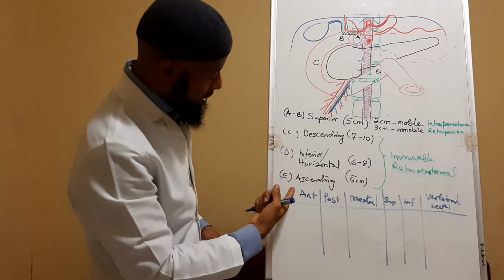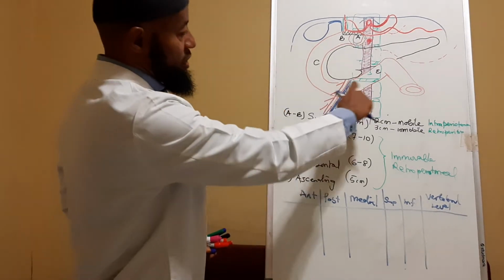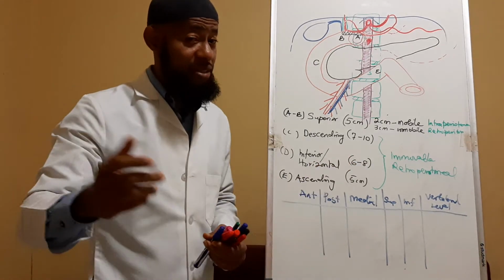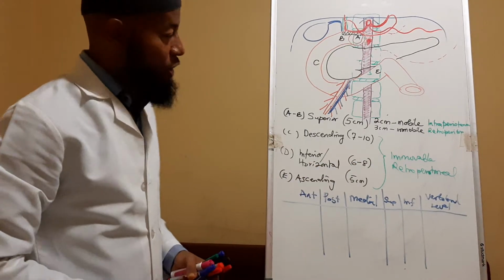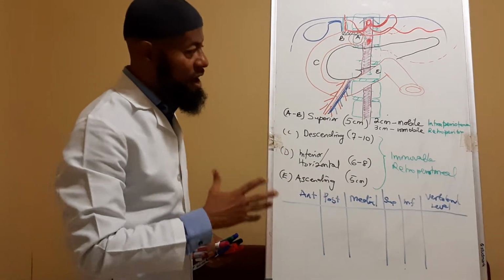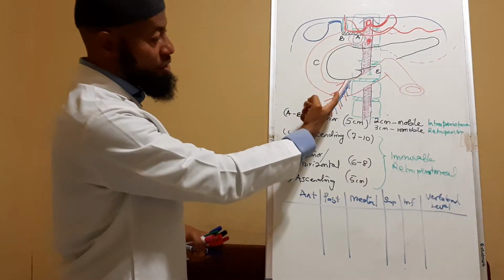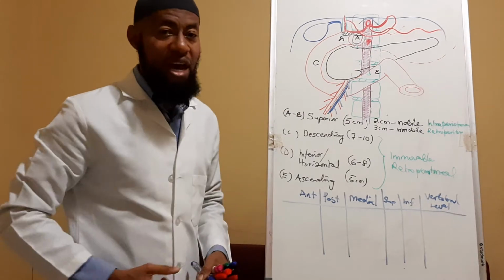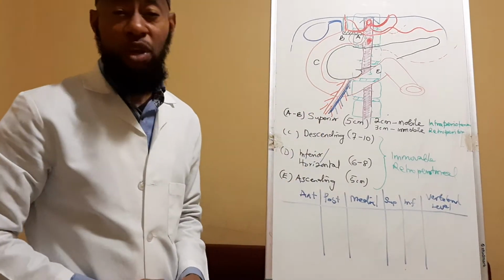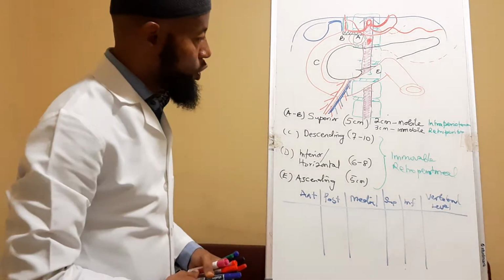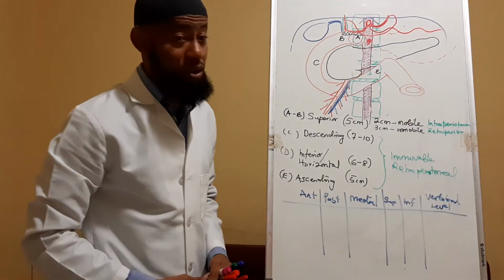Now the horizontal part, which is this portion here, the horizontal part is about 6 to 8 centimeters in length. Okay? What are the structures that are found in the anterior aspect of the horizontal part would be what? The superior mesenteric vein, the superior mesenteric artery, as well as the inferior mesenteric artery, and the intestine around that region. Okay? What do you find posterior to that?